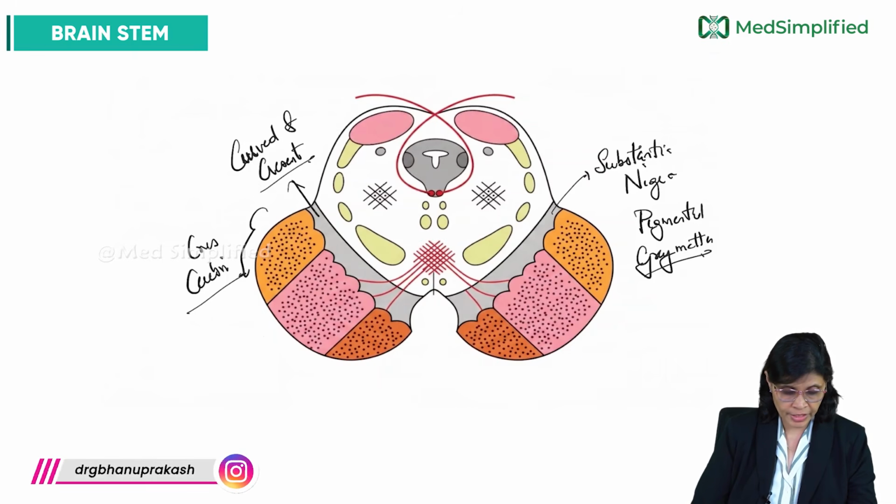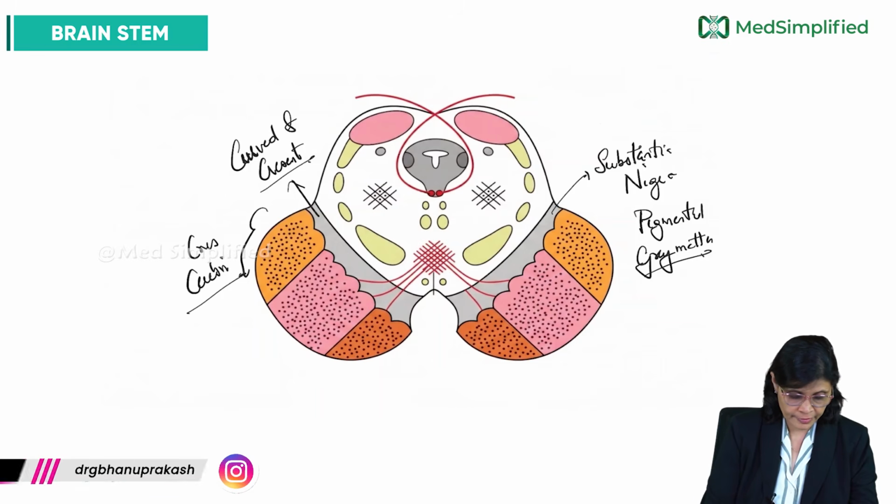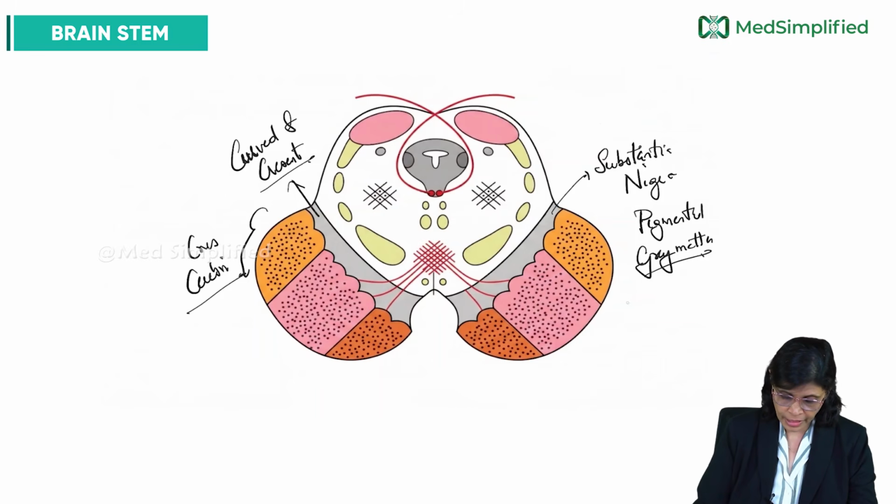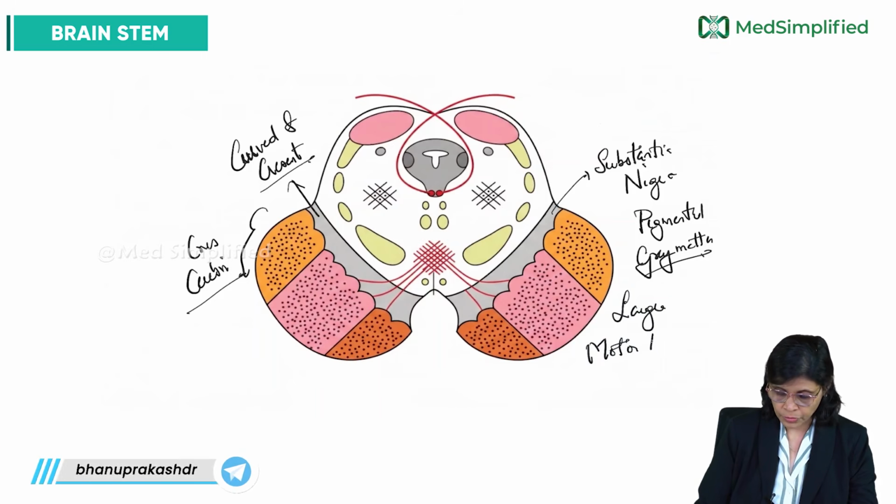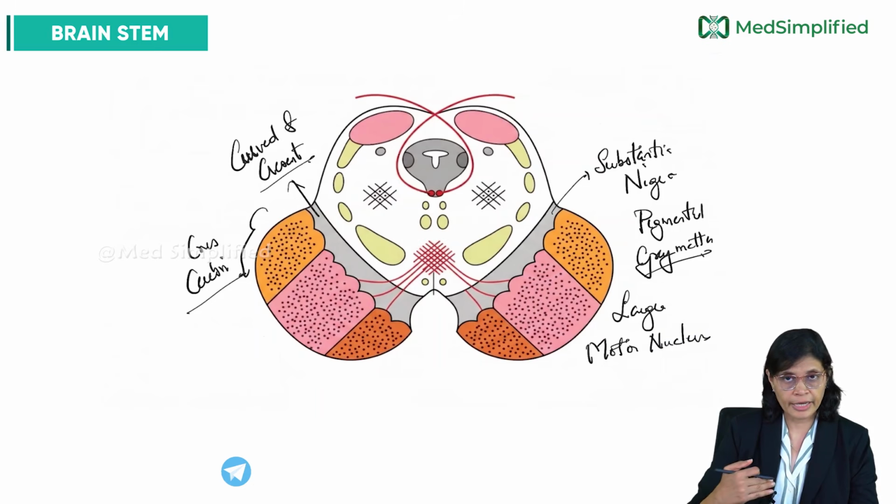And this substantia nigra is a large motor nucleus which is present all through the midbrain. It is divided into a ventral part and a dorsal part.